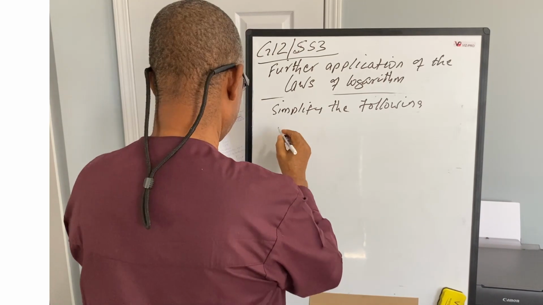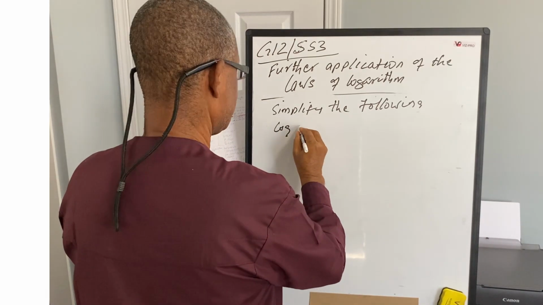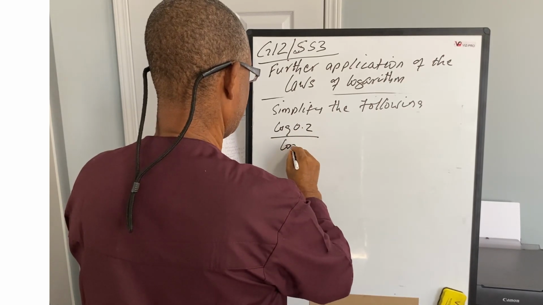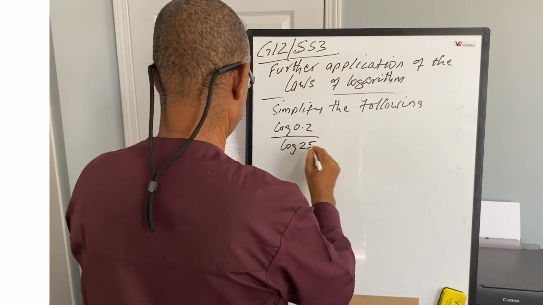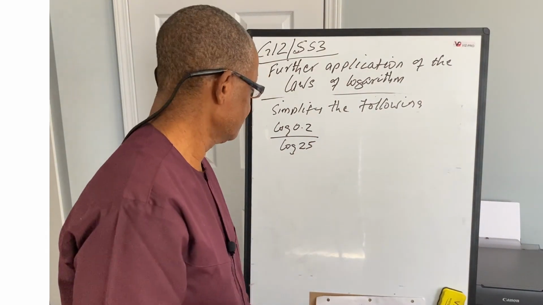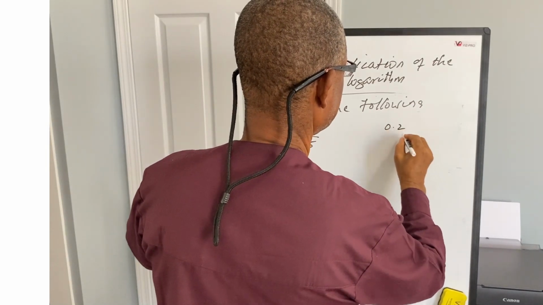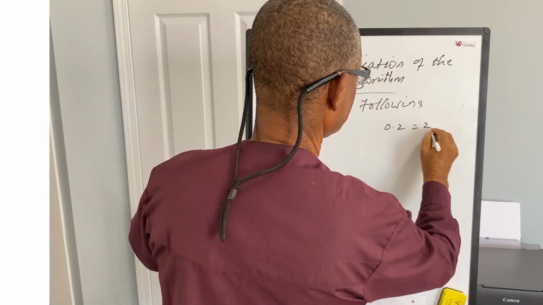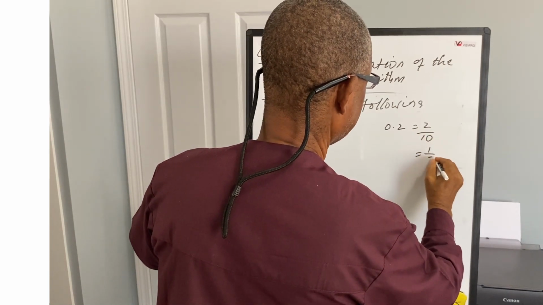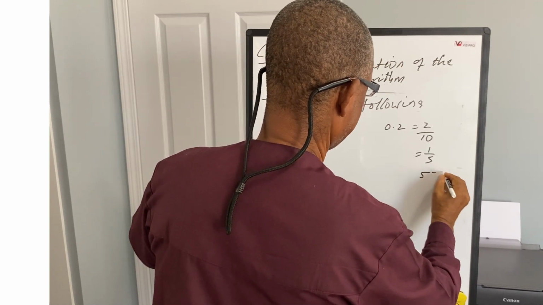The same, simplifying the following: log 0.2 over log 25. 0.2 is the same thing as 2 over 10, which is equal to 1 over 5, and that will result to 5 raised to power minus 1.